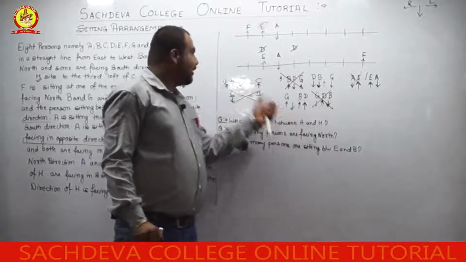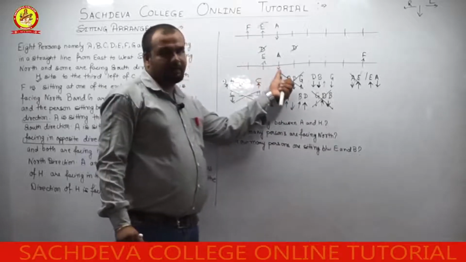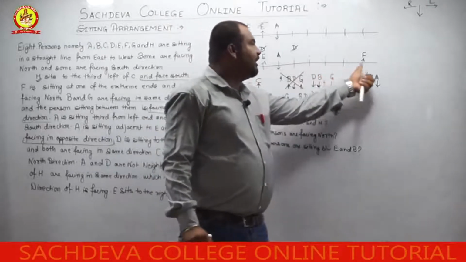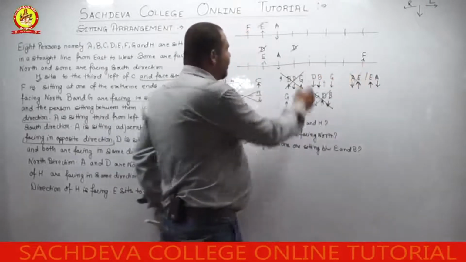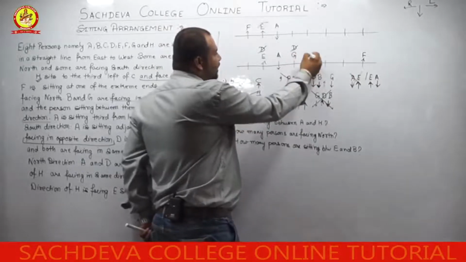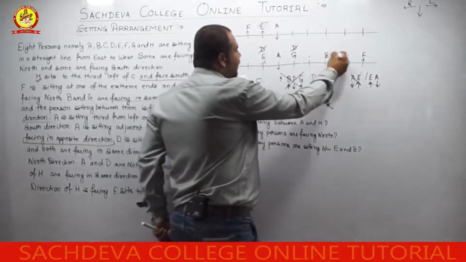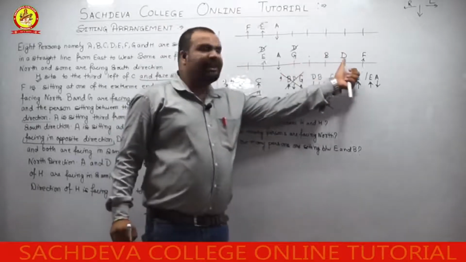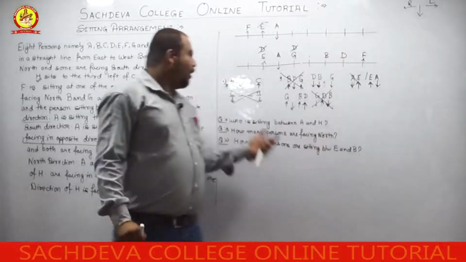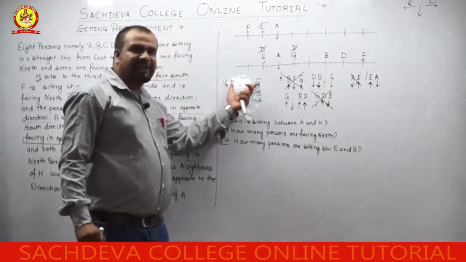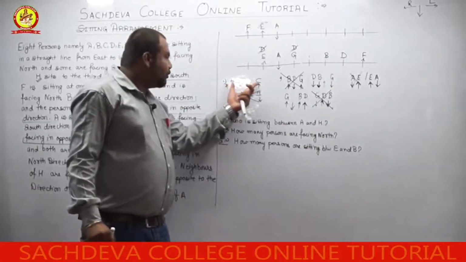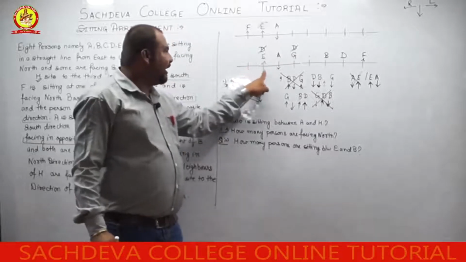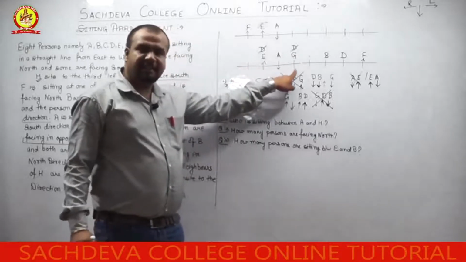Now look at this. G space B is not possible. G space BD is not possible. The only possibility is G space BD. As soon as we get G space BD, the next positions of the arrangement can be H and C. There are two persons sitting between H and C, so we need H space C. Is it possible?